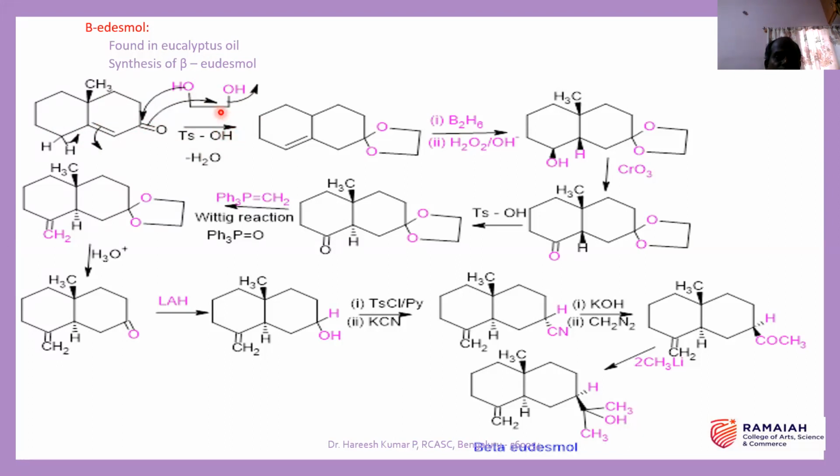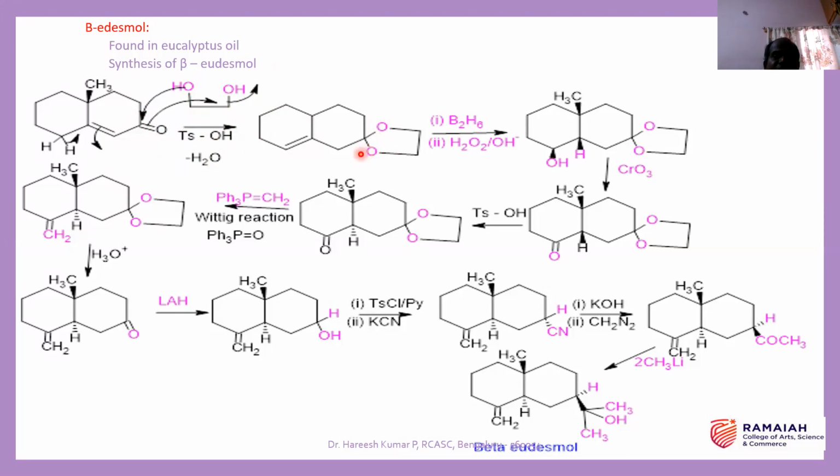A lone pair attacks this carbonyl group, and this bond pair will attack another carbon, and there will be a removal of water. The obtained one is called ketal. Suppose an aldehyde is protected with alcohol, it is called acetal. Since the ketone is protected with alcohol, it's called a ketal. Now the ketone is protected.